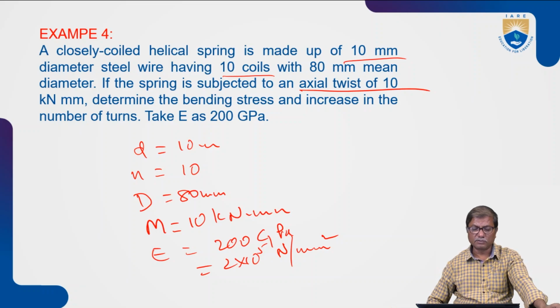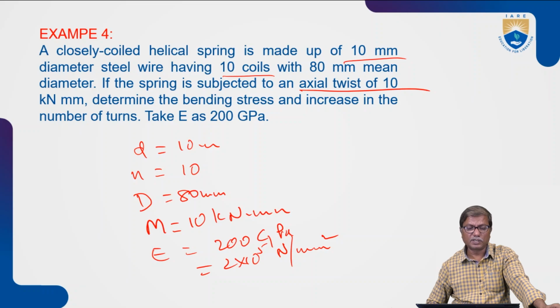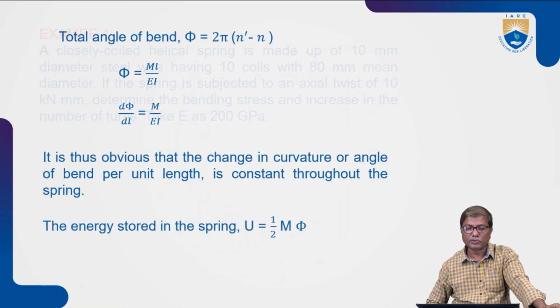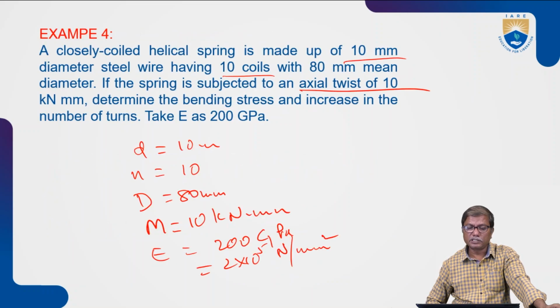So this is the data given, and what you have to find? Bending stress sigma and the increase in the number of turns.